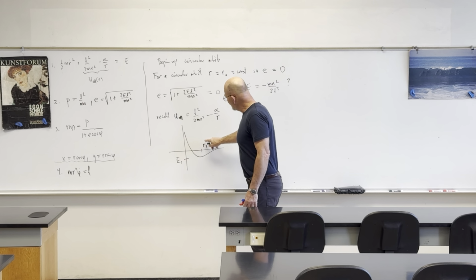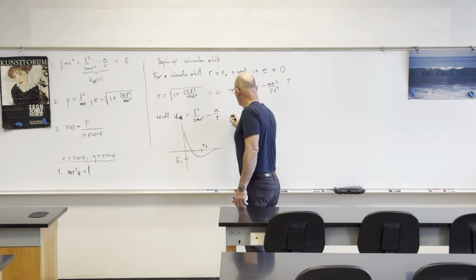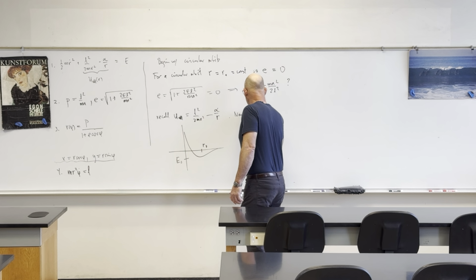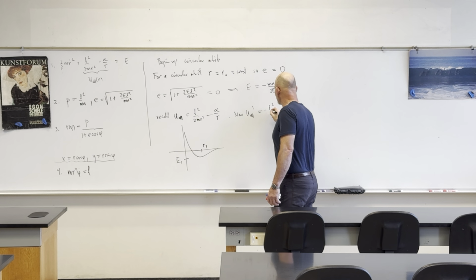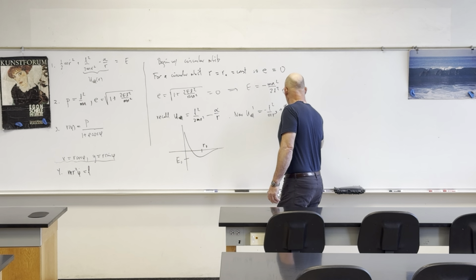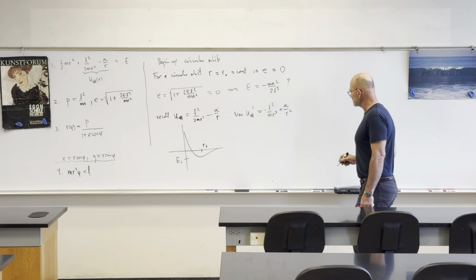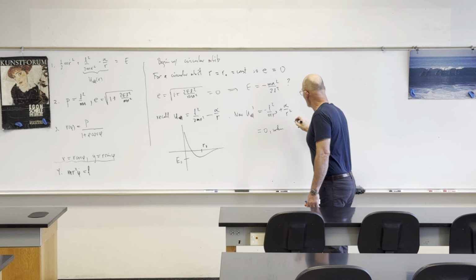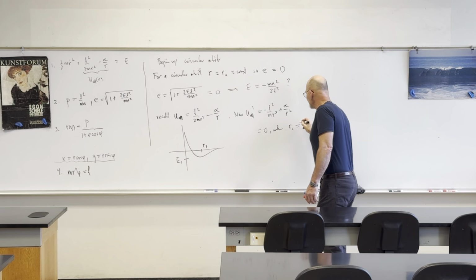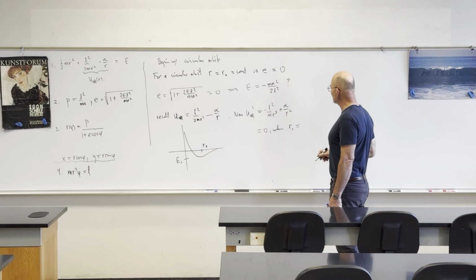So R sub 0 is the radius that minimizes the effective potential. So we'll take the first derivative, U effective prime is equal to minus L squared over M R cubed plus alpha over R squared. And sure enough, that equals 0 when R naught is equal to L squared over M alpha.